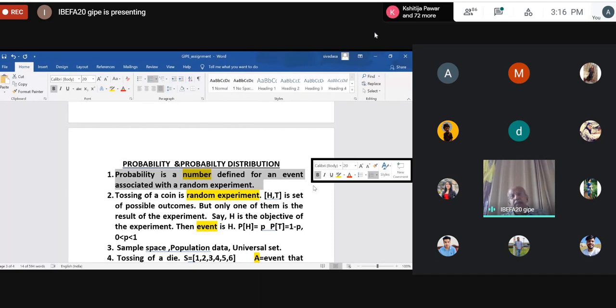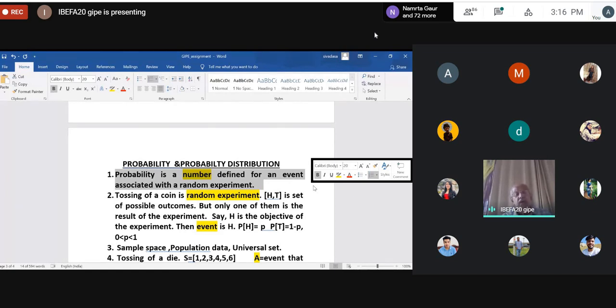An experiment by which you can have collection of outcome and the result of the experiment is coming from it. For example, coin, H and T. This is the collection of outcomes.